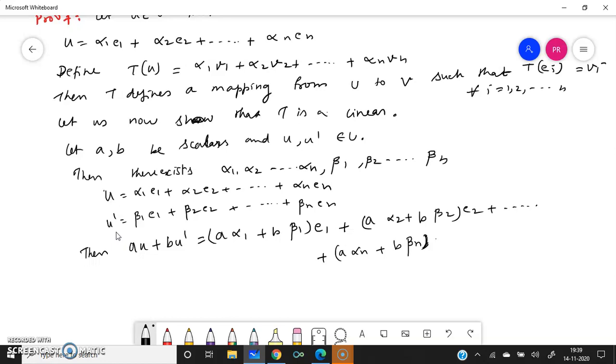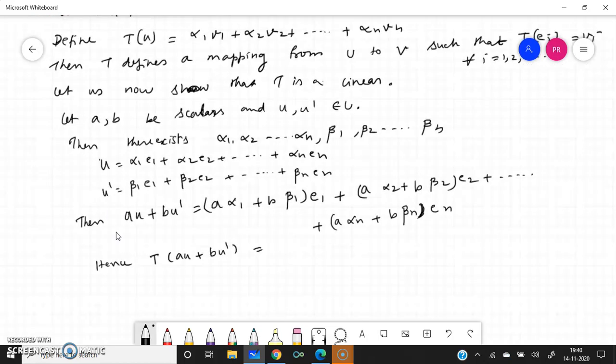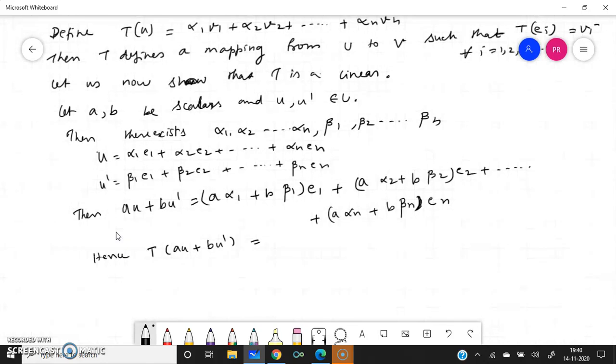Hence, T of a u plus b u dash equals, because we have defined T in such a manner that T of u equals alpha 1 v1 plus alpha 2 v2 and so on, some scalar times v1 plus scalar times v2 and so on.